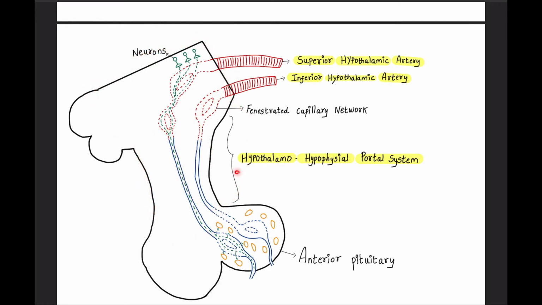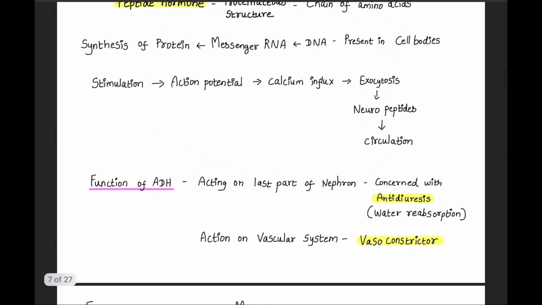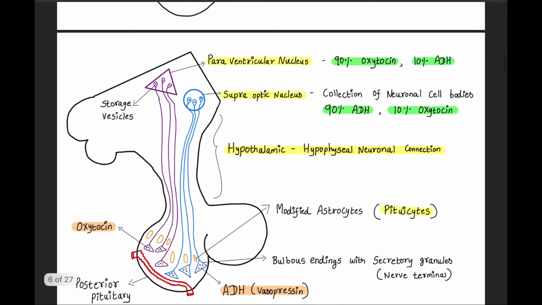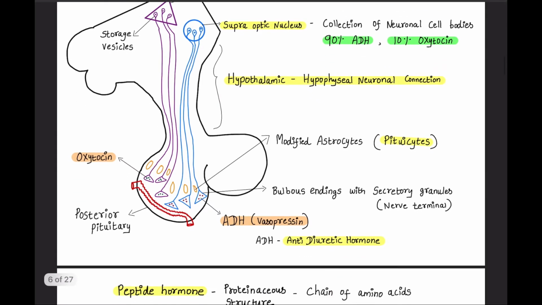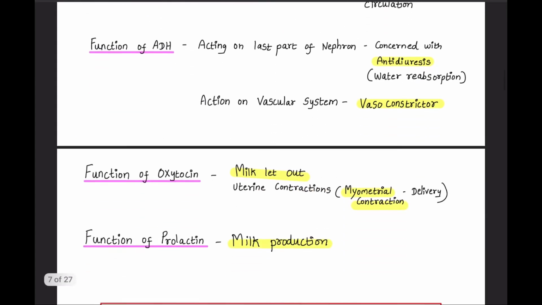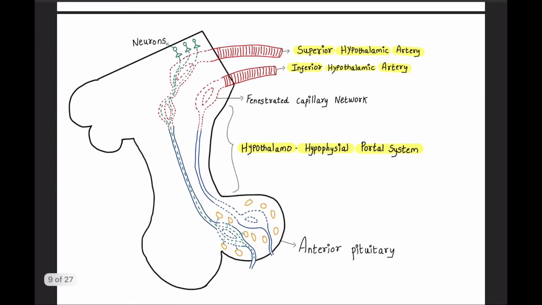So, hypophysial portal system. In the posterior pituitary we have seen the hypothalamic hypophysial neuronal connection. In the anterior pituitary you have a hypothalamic hypophysial vascular connection, also known as the portal system or portal connection.